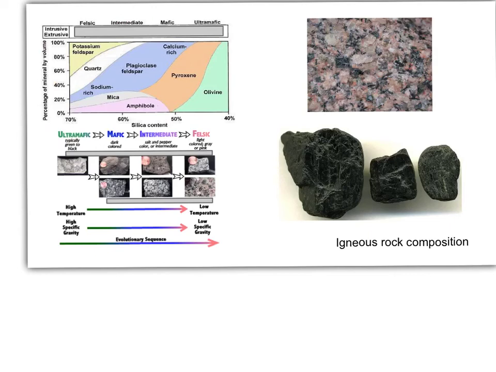But there's also this other gradient here between felsic and mafic rocks. So igneous rocks can vary quite a bit in the amount of silicate material that they've got in them. Silicates are lighter minerals.